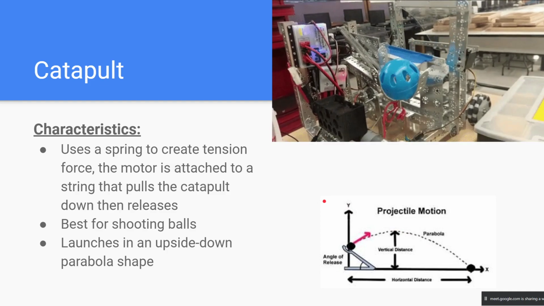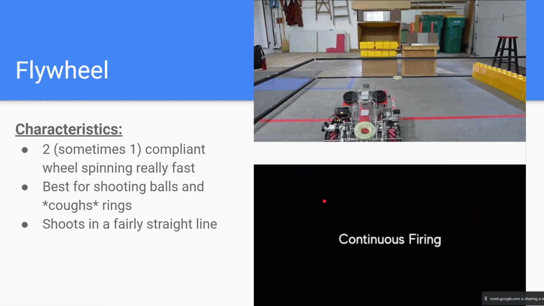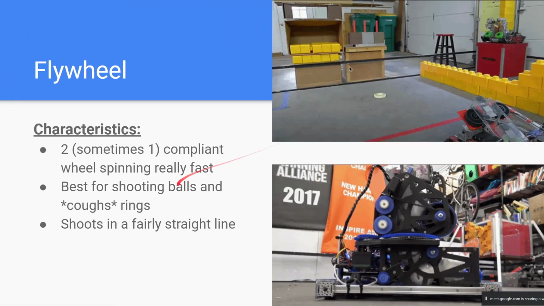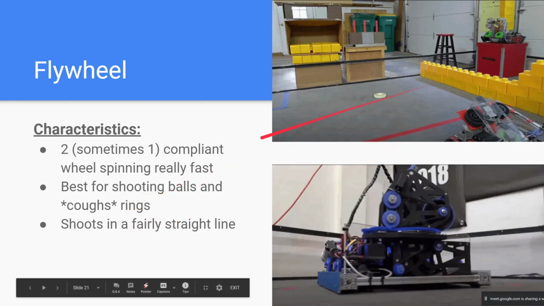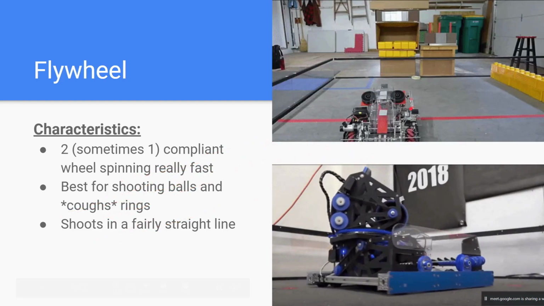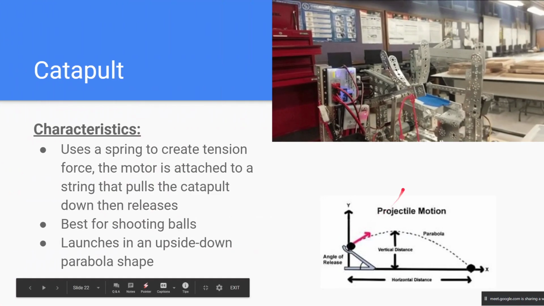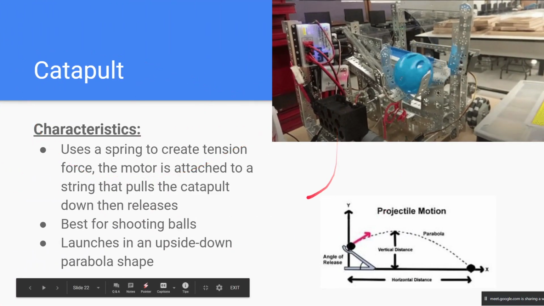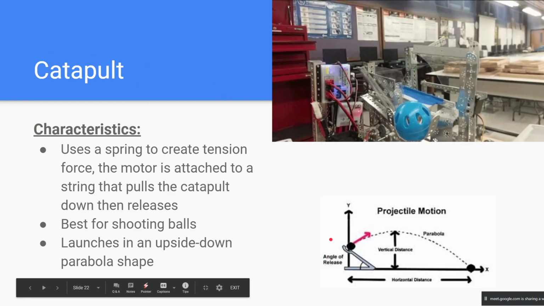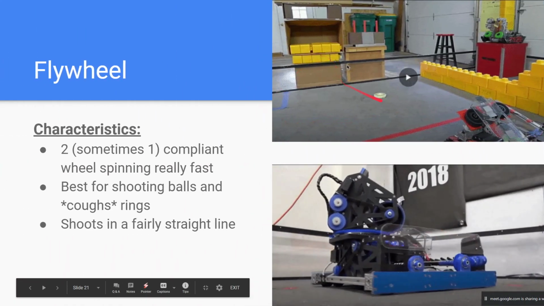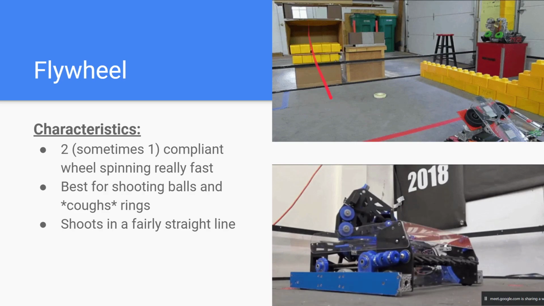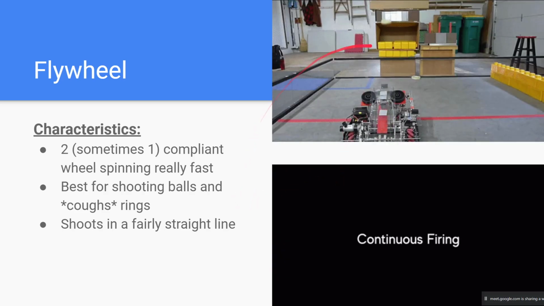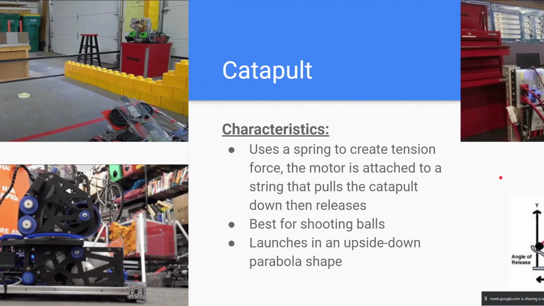This is different from the flywheel, because the flywheel just shoots straight. So this is why I wouldn't recommend the catapult for this year, because you need to shoot it straight into here. You don't need to shoot it up.